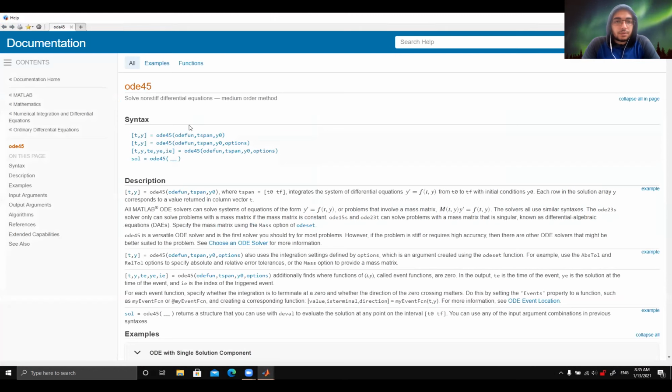So this function ode45, the simplest call of it, we require something called an odefun, which is a function that represents the dynamics that we would like to simulate, or the ODE. Then we have tspan, which is the time span that we would like the simulation to happen, and finally the initial condition.